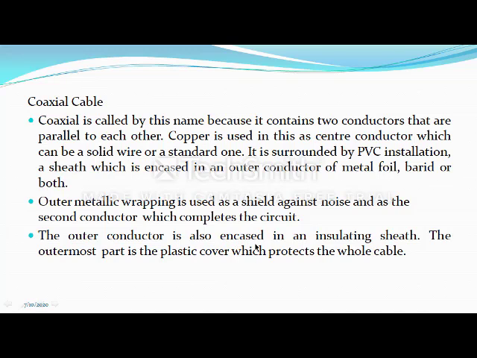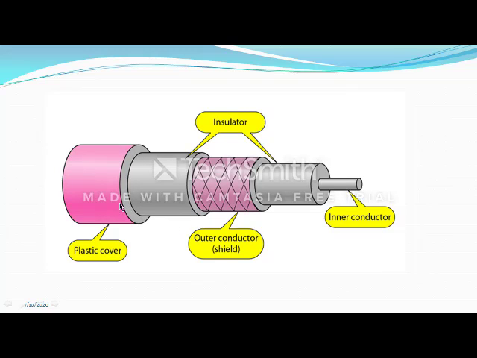The outer conductor is also encased in an insulating sheath. The outermost part is the plastic cover which protects the whole cable. See, this is the plastic cover. These two are the insulators. One is the sheath, the other one is the inner conductor, copper. This is wrapped around.